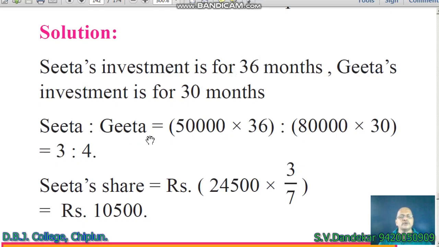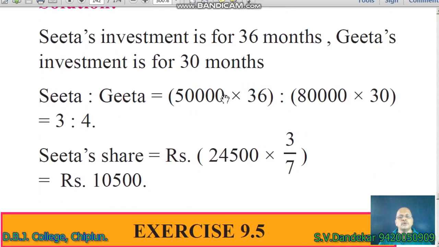Now Sita is to Geeta is equal to 50,000 into 36 is to 80,000 into 30, because their investment capitals are different and their time period in the business is also different, and therefore the product of their capital and time is the ratio for their profit.